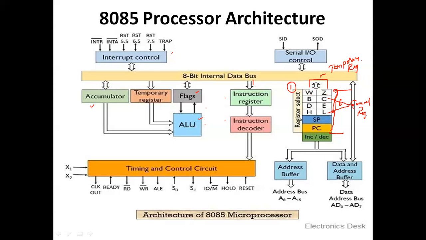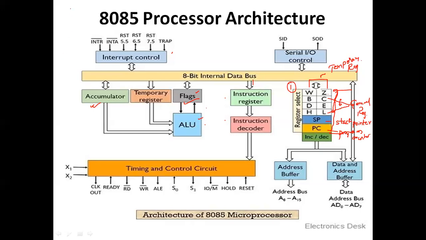Here we also have the special purpose registers. The special purpose registers are SP, in the sense stack pointer, PC, in the sense program counter, and this accumulator register and the flag register.